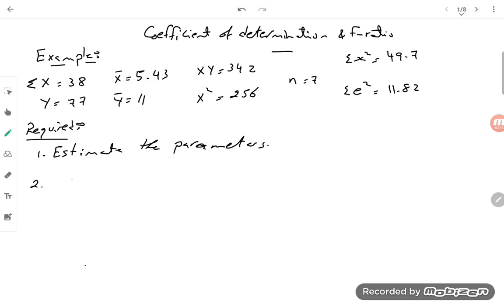Number 2, test the significance of the parameters. If you know that y hat equals a hat plus b hat x, so we would like to estimate the parameters or get the value of a hat and b hat.